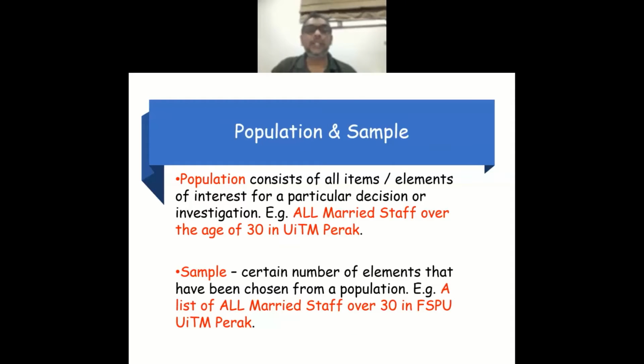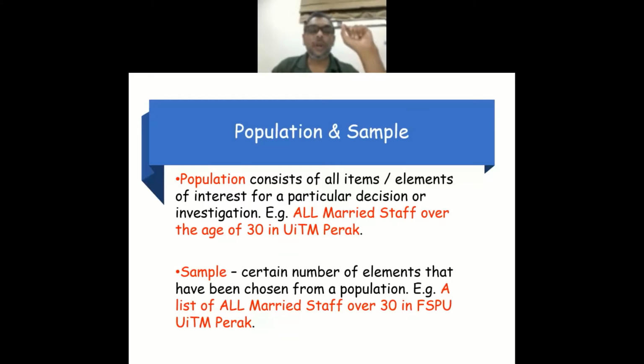Okay, so now population kat sini consists of all items, elements of interest for a particular decision or investigation. Example, all married staff over the age of 30 in UiT and Perak. Alright? All married staff over the age of 30 in Kampung XYZ. Okay.